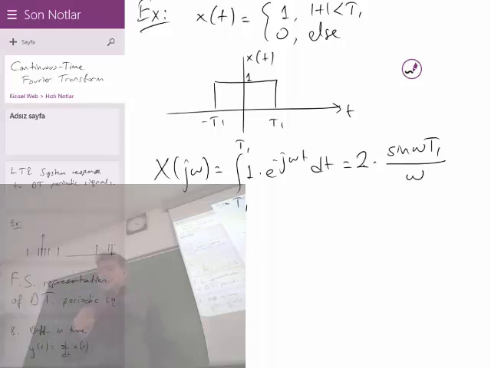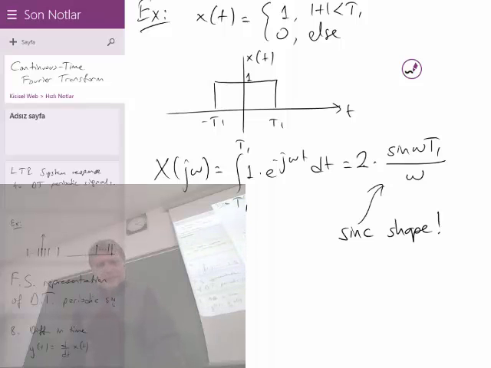And now this is a sinc shape, and this sinc shape is a famous one. It's a sinc shape on the omega axis, of course; this is a function of omega. In the time domain, sinc is sine t over t. In the frequency domain, sinc of omega is sine omega over omega.